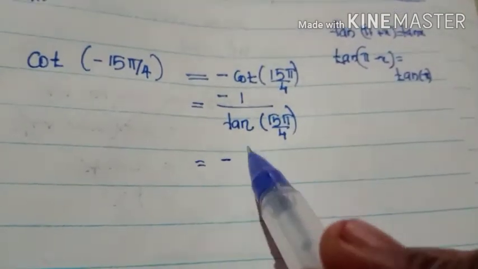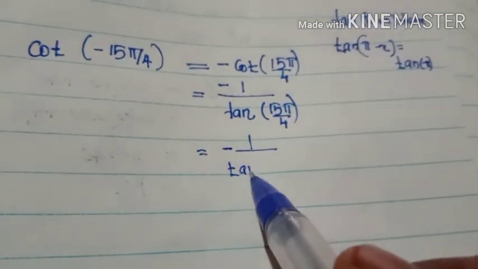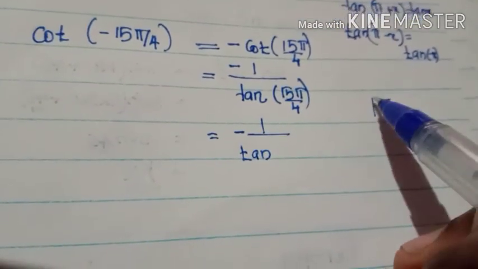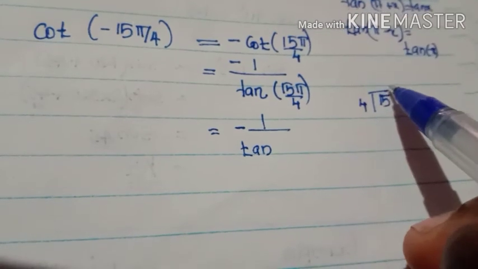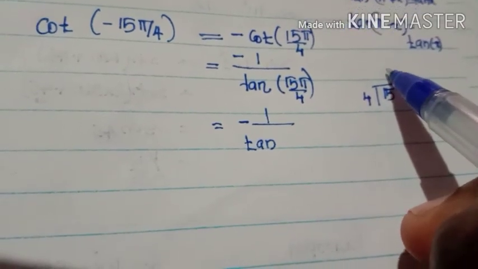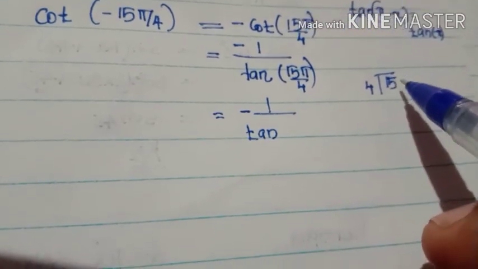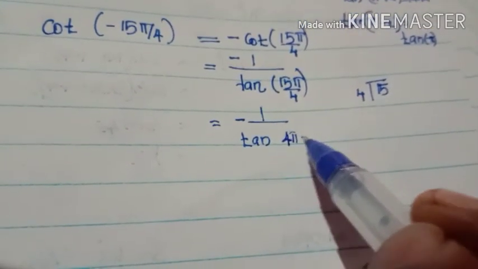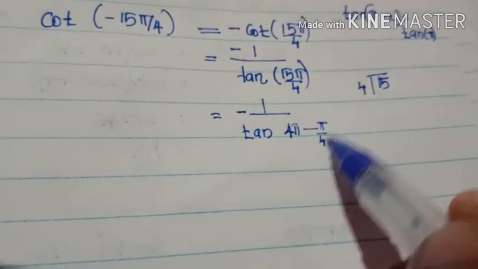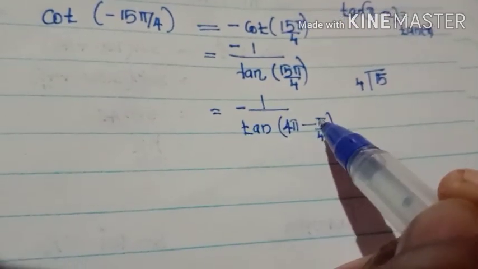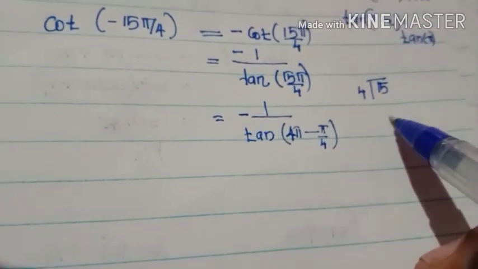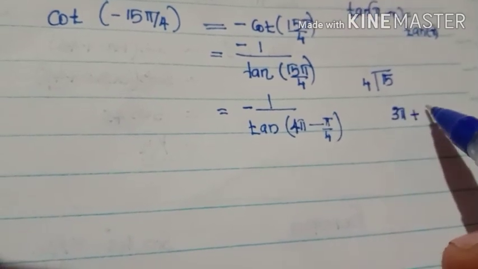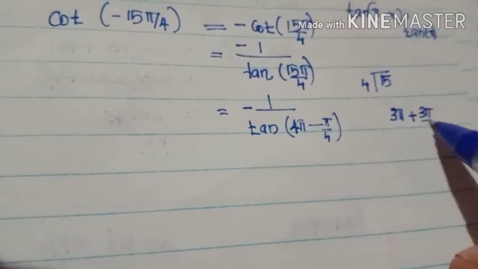Here I am going to convert 15 pi by 4 by dividing 15 by 4. If you take 4, it will exceed. So this can be written as 4 pi minus pi by 4: 16 minus 1, 15 by 4. Or otherwise you can write 3 pi plus 3 pi by 4.